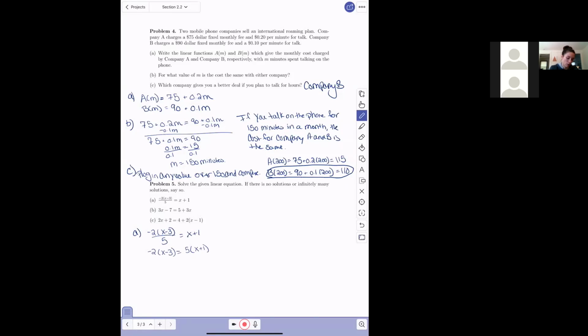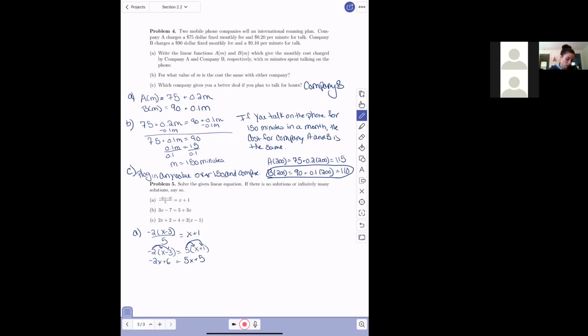On the right-hand side, we could distribute out this 5, and on the left-hand side, we could distribute out the -2. So we have -2x plus 6 equals 5x plus 5. Next, we'll combine like terms.